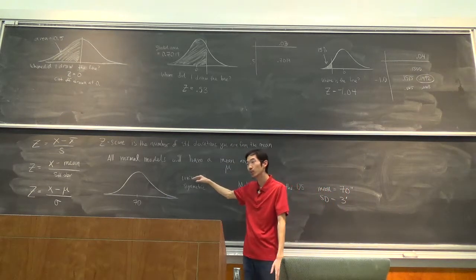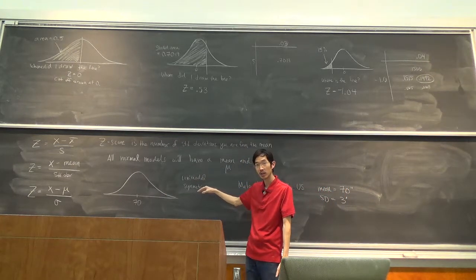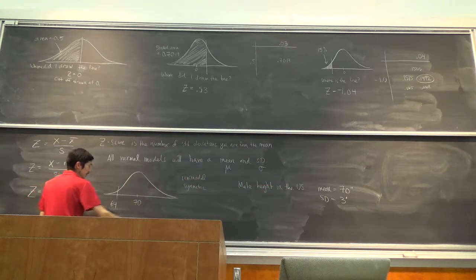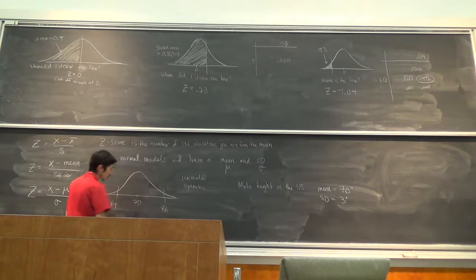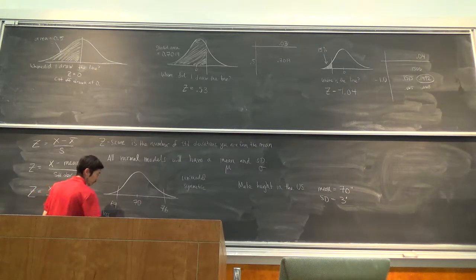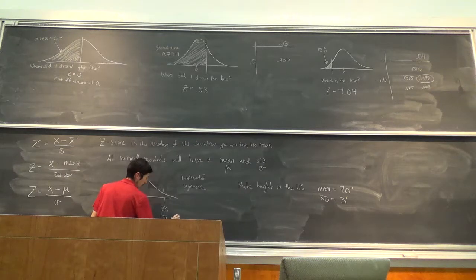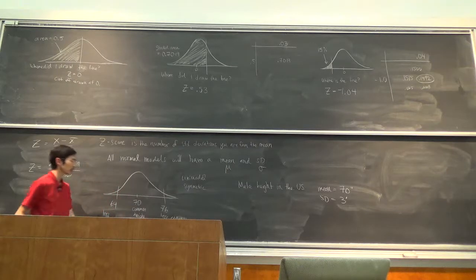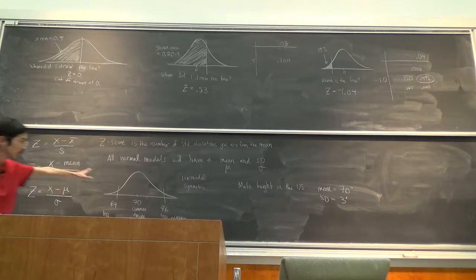That's what it means to be unimodal and symmetric. So if we go down to 64, this is less common. If we go to 76, these are less common heights. And this is a common height. We observe men who are 70 inches tall quite frequently, is what this says.